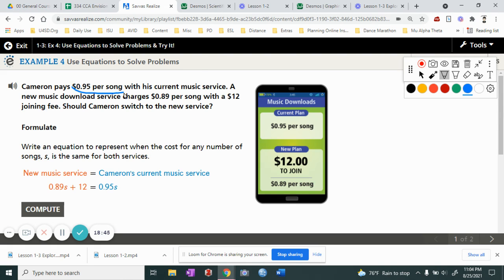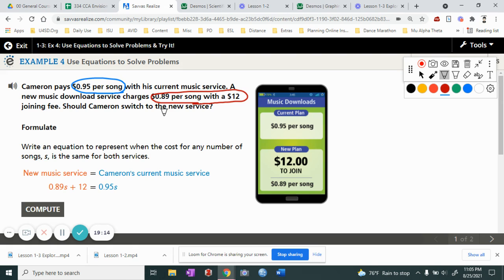So that's this part here. Then we have the 89 cents per song plus the $12 sign-up fee. So 89 cents per song plus 12. And we want to know, is it worth it to switch from the blue service to the red service?